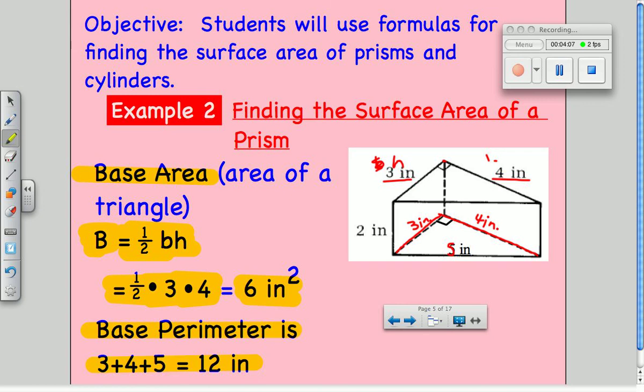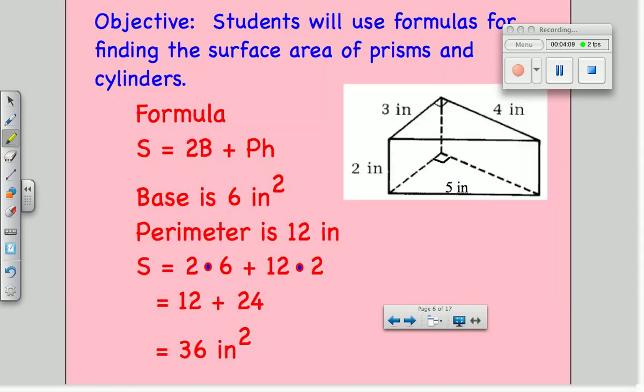Now this is what I do with those two numbers. I take S is for surface area. Surface area. And it's a capital S. Okay? I take the base area and multiply by 2 because there's 2 bases. So the base is 6 inches squared. We already did that. The base of the triangle is the triangle.